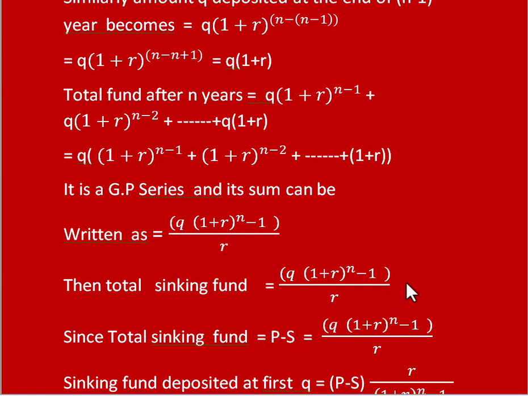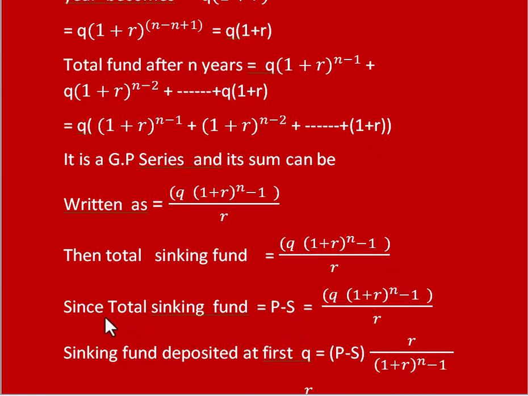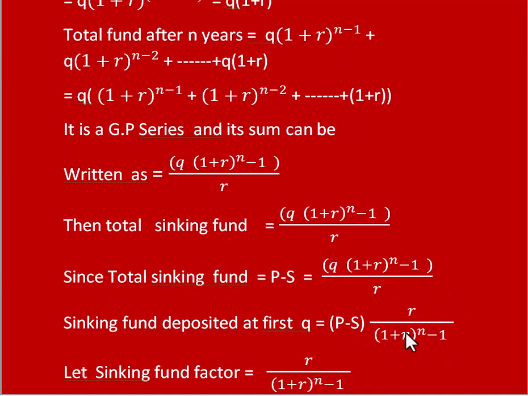And we have seen that this amount must be equal to P minus S, so it can be written like this: total sinking fund is equal to P minus S is equal to Q into 1 plus R whole power n minus 1 divided by small r. And from this, we can calculate the sinking fund to be deposited at the first year, which is nothing but Q. It can be calculated like this.